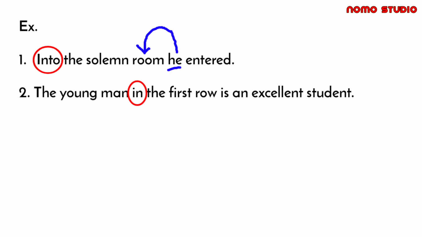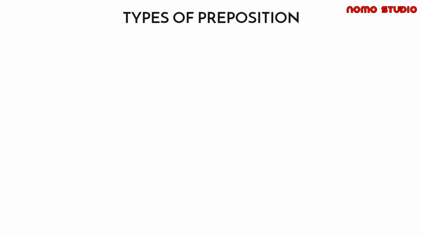At dito naman po sa pangalawang example natin, ang preposition na in, it indicates the location or position of the young man. And it shows that the young man is situated or positioned within the first row. Since ang preposition na in is used to express the location or position of something or someone within a particular space.